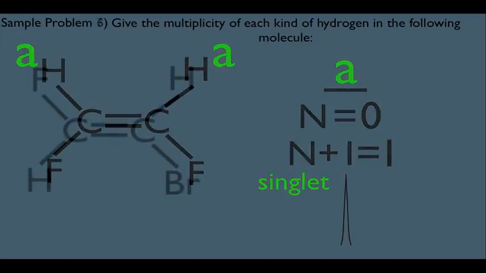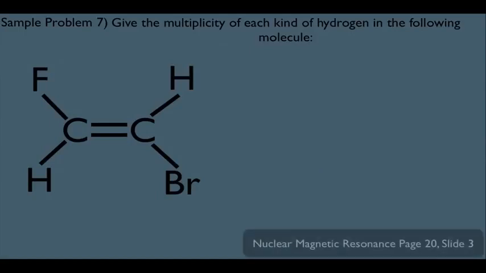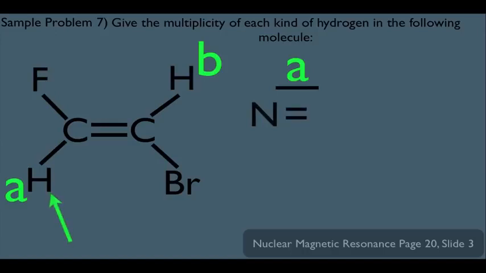However, look at this example right here. What's the splitting in this case? Well, let's call this the A-type hydrogen, but notice now we don't have symmetry here, so this would be a B-type hydrogen. And let's figure out our N values, and of course let's start with the A hydrogen. Well, here he is right here. Notice he's directly connected to this carbon right here, which makes this carbon his neighboring carbon, which in turn makes this the neighboring hydrogen.